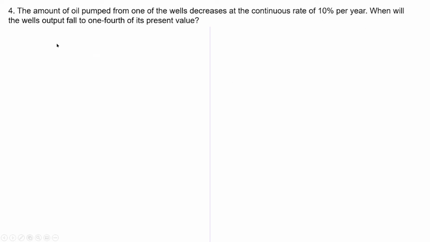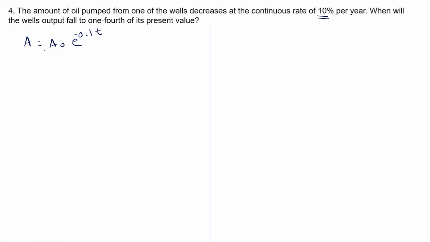We need to find when the output will fall to 1/4 of its present value. So the model is given by A is equal to A0 into e raised to minus 0.1 t, because the amount of oil is decreasing at a continuous rate.